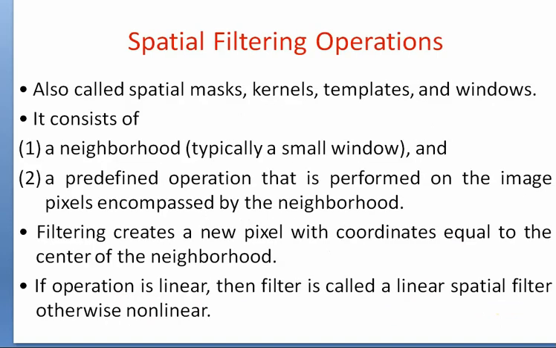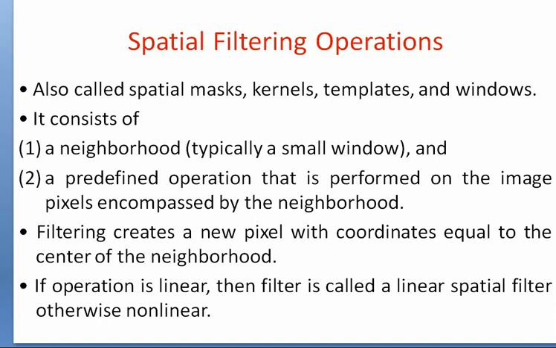So we have seen the spatial masks' other names: kernels, templates, windows. The spatial filtering operation consists mainly of two points. First, developing the particular window, kernel, or mask, that is, a neighborhood or mask.